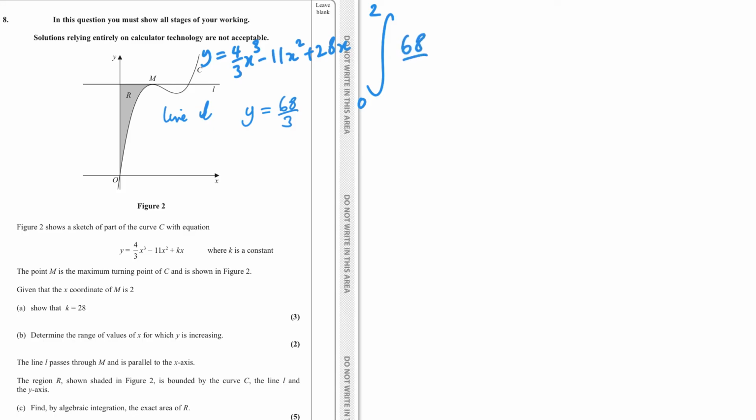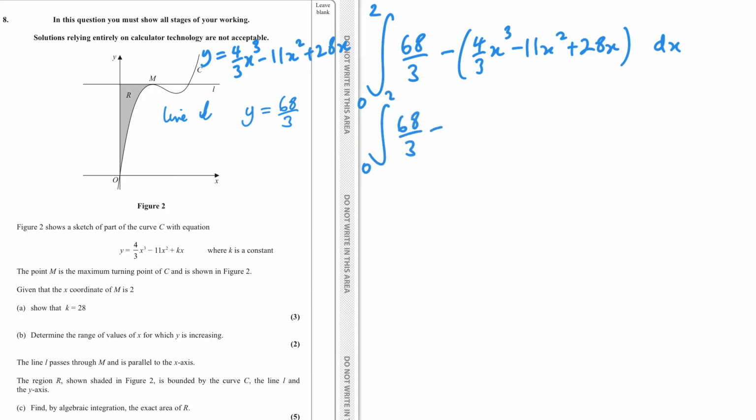So 68 over 3 is my y value there, minus 4/3 x cubed minus 11x squared plus 28x. Now I'm just going to quickly sort out the signs. So we get minus 4/3 x cubed plus 11x squared minus 28x.